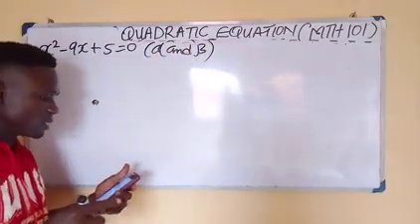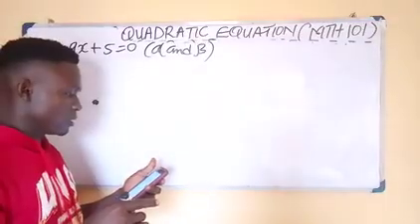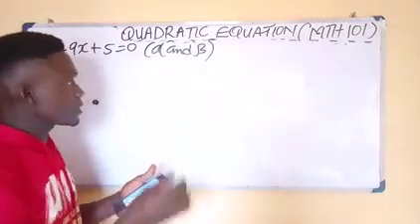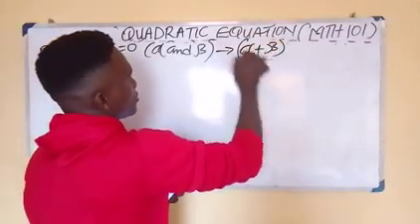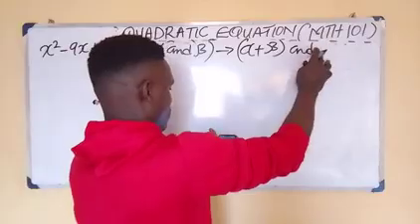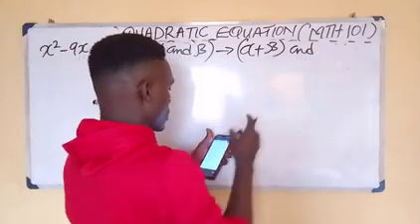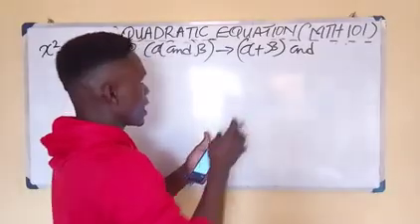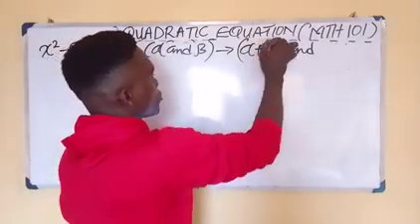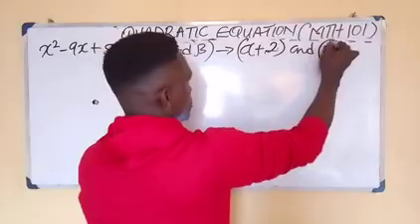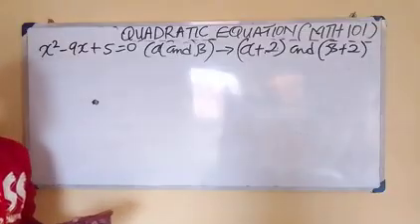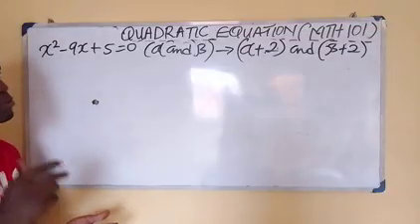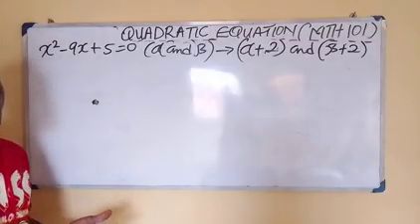Alright, find a quadratic equation whose roots are alpha plus 2, rather, please. Alpha plus 2 and beta plus 2. Alpha plus 2 and beta plus what? 2. Alpha plus 2 and beta plus 2.